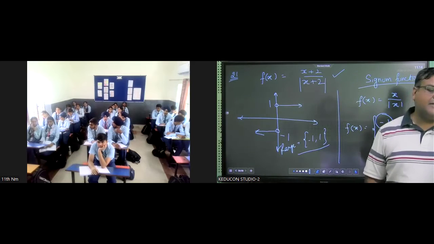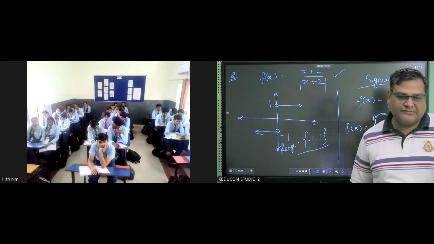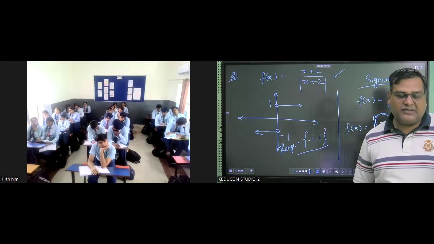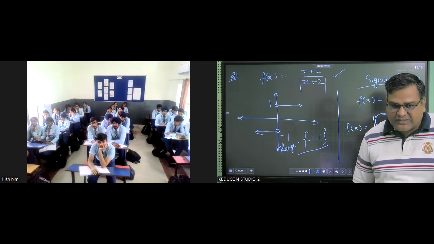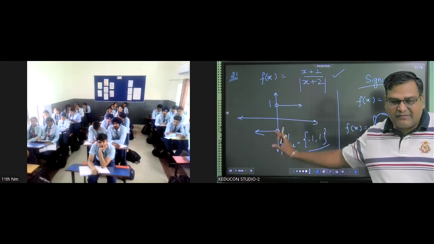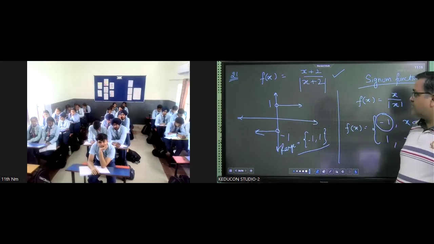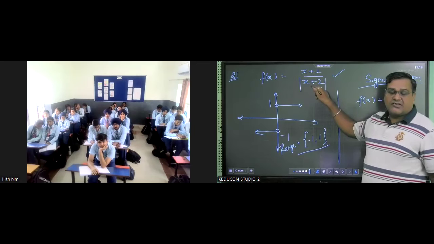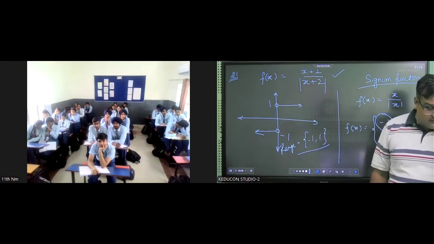Can anyone tell me why we have not found the domain in this function? Because the first step of finding the range was to first find the domain. Why have we not found the domain in this function? Because of the three conditions of domain, right? What were the three conditions?